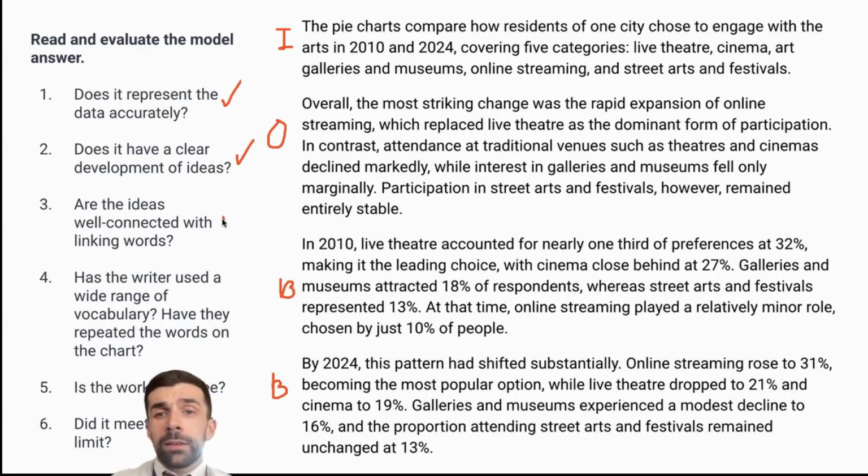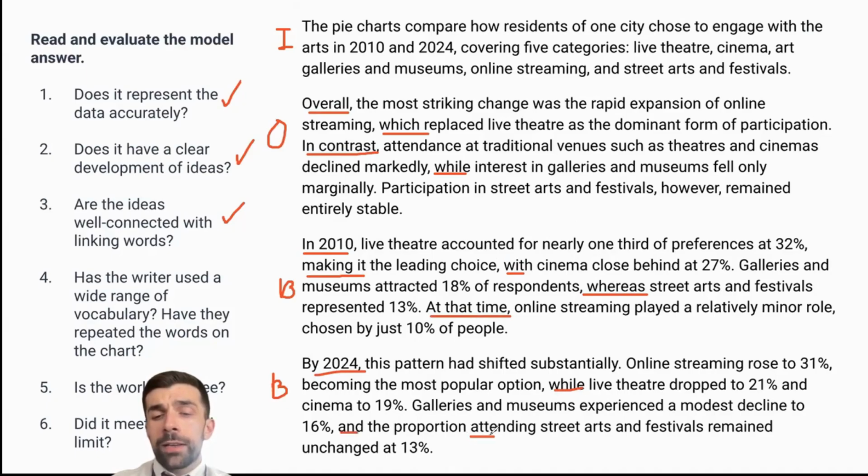Again, the answer is yes. We have linking words like while, relative clauses, in contrast, overall, in 2010, with, making it, whereas, at that time, by, while, and lastly, and.